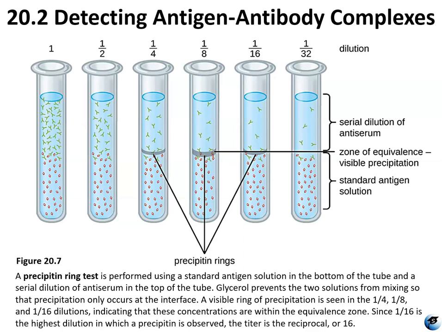equivalent zone. So I used to do a lot of research with viruses, and they're calling this the precipitin ring test. When I did it, I used to call it glycerol precipitation. And essentially, it's you trying to separate out the antibody, and you're utilizing glycerol in order to keep the solutions separated.